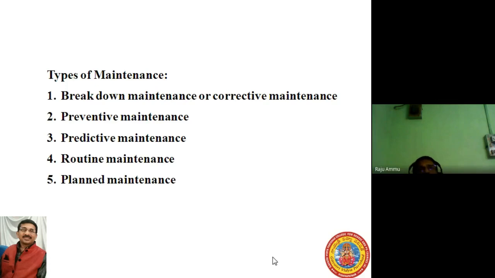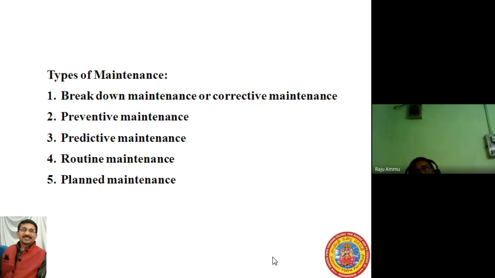The last one is planned maintenance. What do you understand by planned maintenance? It follows a predetermined schedule, known as scheduled or preventive maintenance. This involves inspection of all plant and equipment, machinery, buildings, in order to service them.